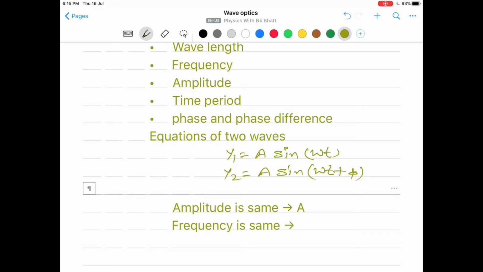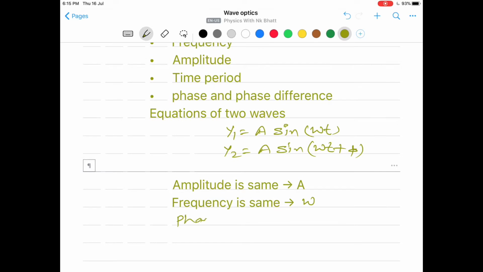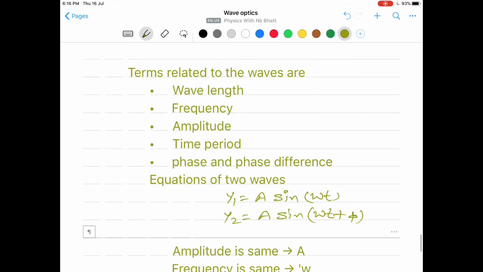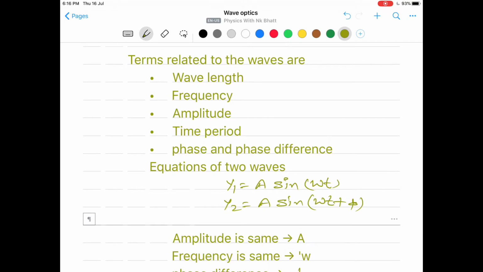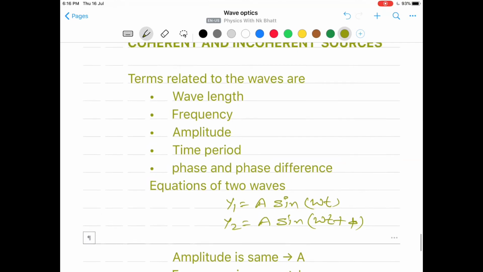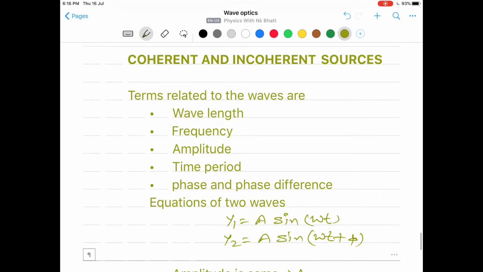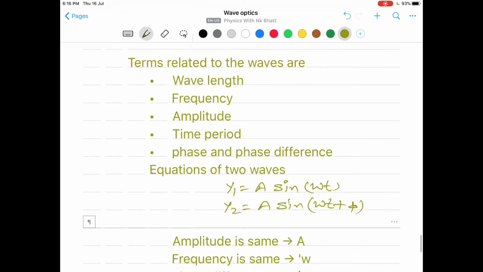What is the symbol of this frequency here? Omega. Phase difference, this phase difference is phi between the two waves. So these are the particular quantities which we have to understand in talking about the coherent and incoherent sources.